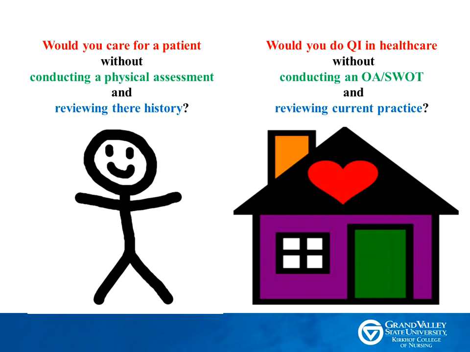The first thing you do is conduct an organizational assessment and SWOT, and then look at what's happening with current practice. So when you're conducting a physical assessment for an individual or examining an organizational assessment and SWOT, it's the same thing. It's either at the patient level or at the system level.